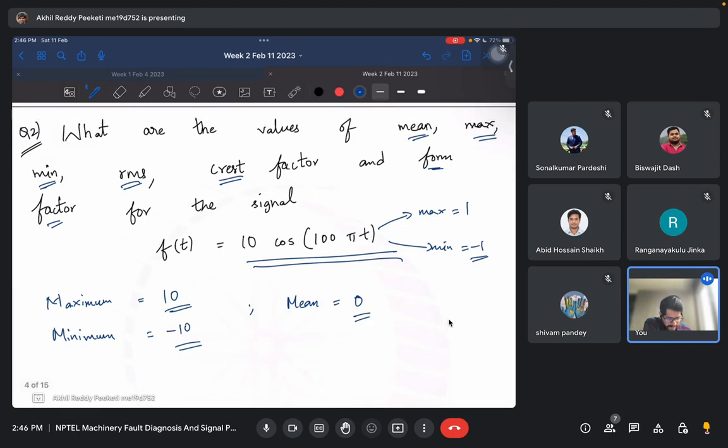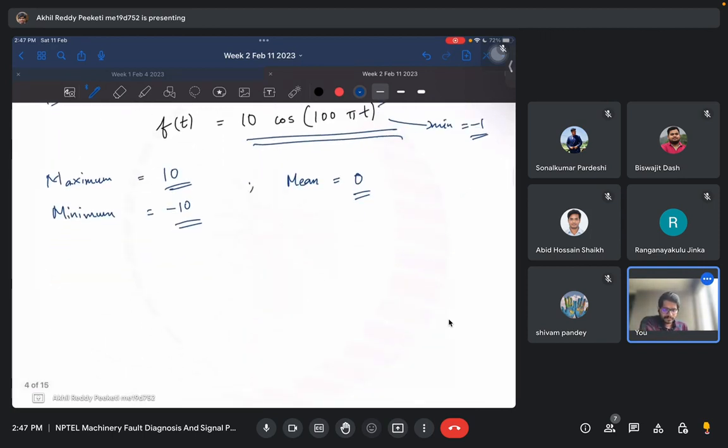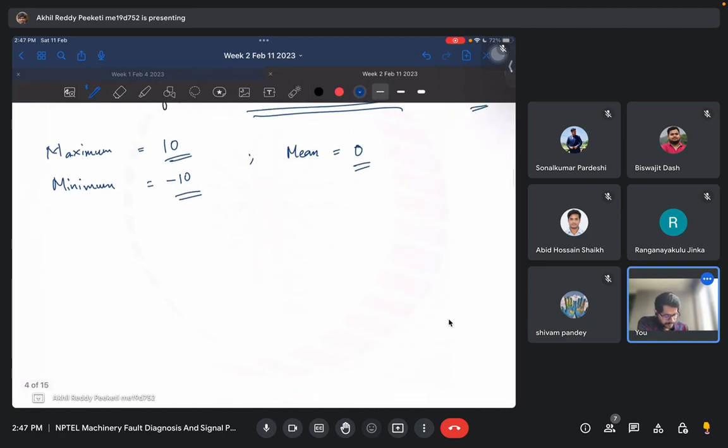And how can you estimate the RMS and crest factor and form factor? So let's see if we have any general signal xi, some data points x1, x2, x3, till we have, let's say, n number of data points.